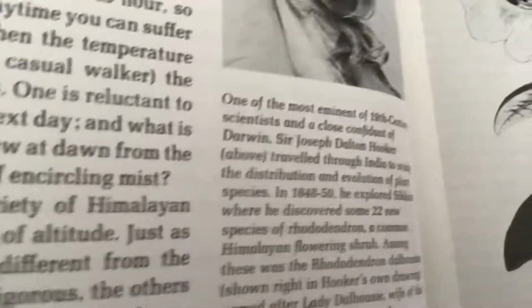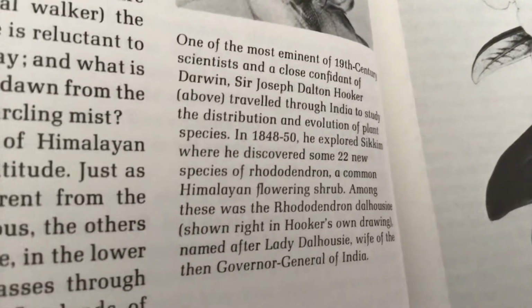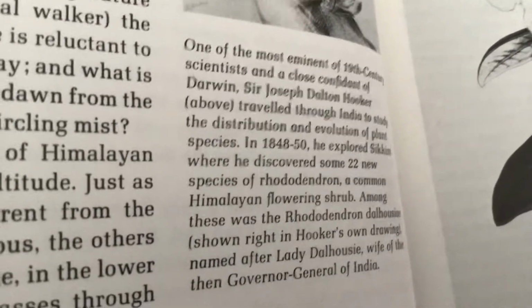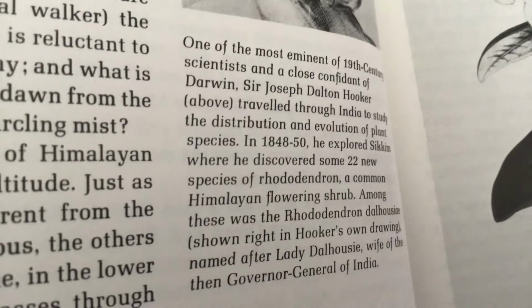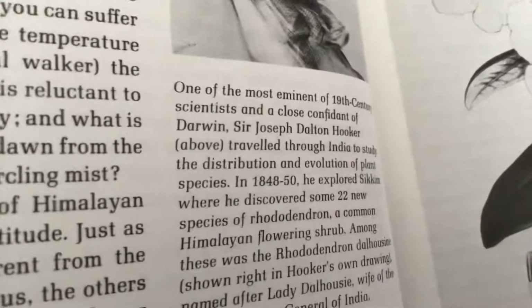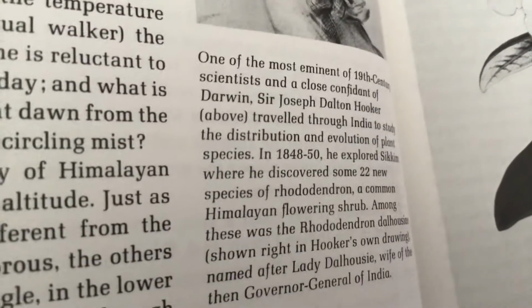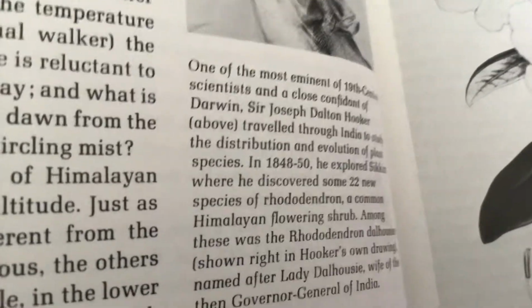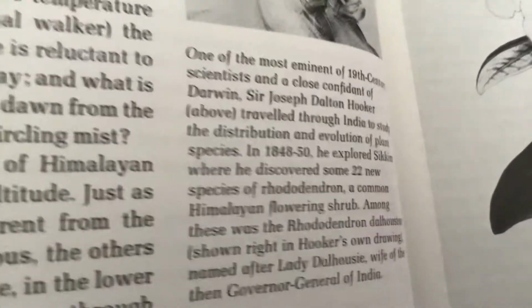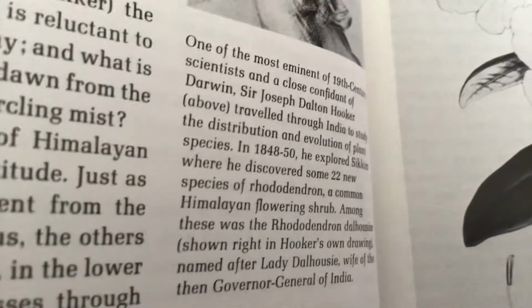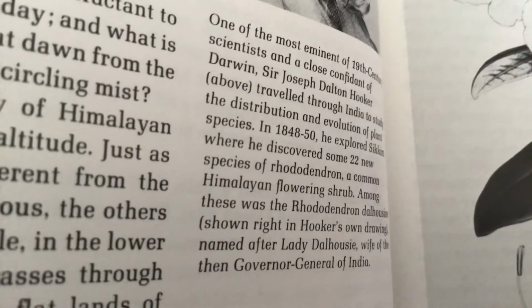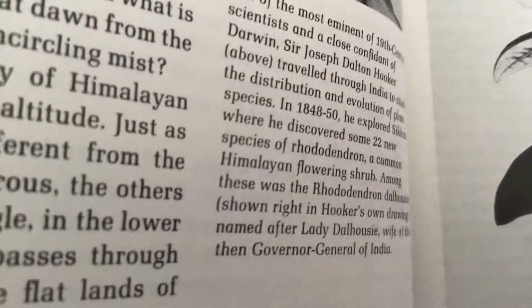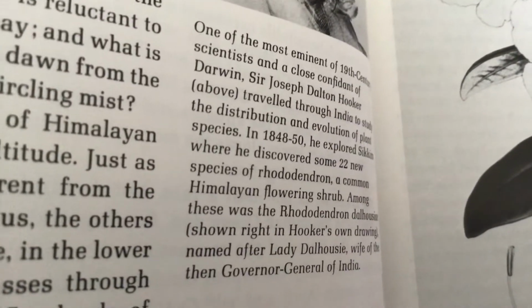One of the most eminent 19th century scientists and a close confidant of Darwin, Sir Joseph Dalton Hooker, above, traveled through India to study the distribution and evolution of plant species. In 1848-50, he explored Sikkim, where he discovered some 22 new species of rhododendron, a common Himalayan flowering shrub.